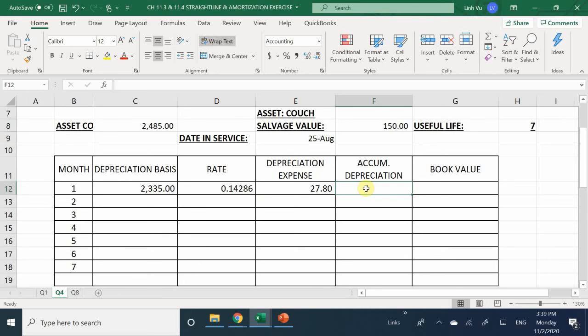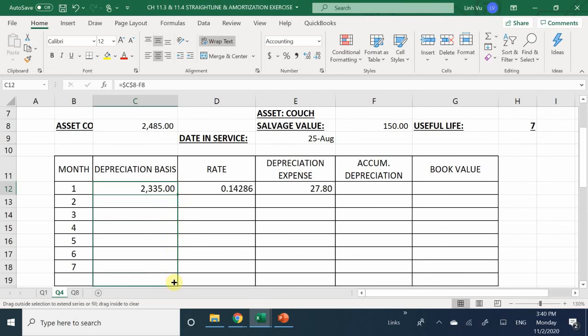Okay? So if month 1 is going to be $27.80, what is month 2 going to be? The same. In fact, all 3 columns are going to be the same because we're doing it on a month to month basis.